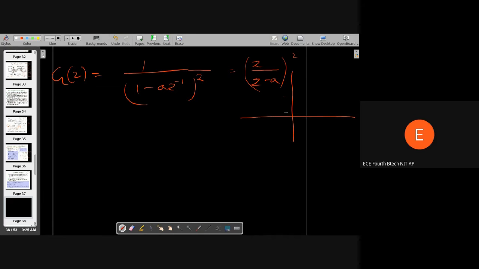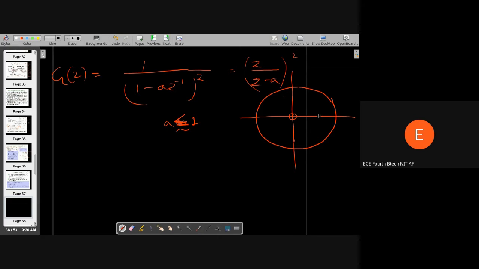So there is a 0 here at the center, and this a is nearly equal to 1 but less than 1.